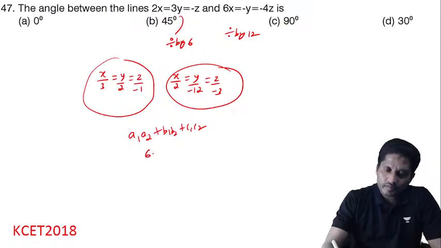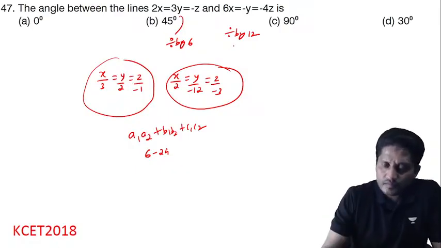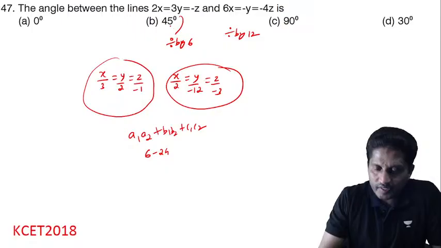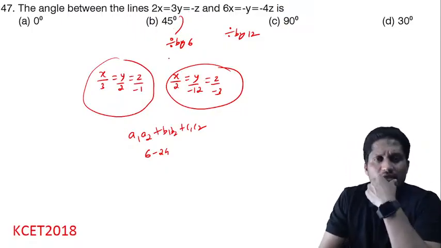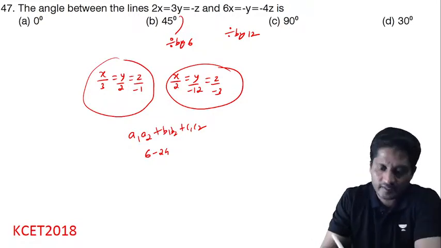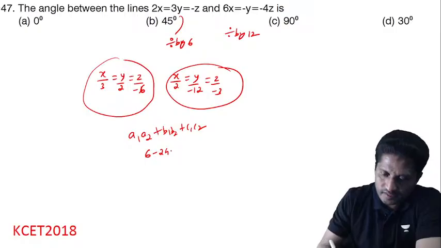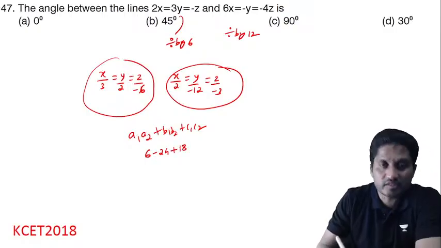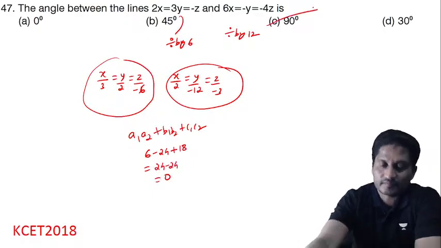A1 into A2 is 6, B1 into B2 is 4. If you divide by 6, you get x by 3, y by 2, z by minus, right? Now if you multiply the DRs, minus into minus is plus 6. We get 24 minus 24 equal to 0, so obviously they are perpendicular.